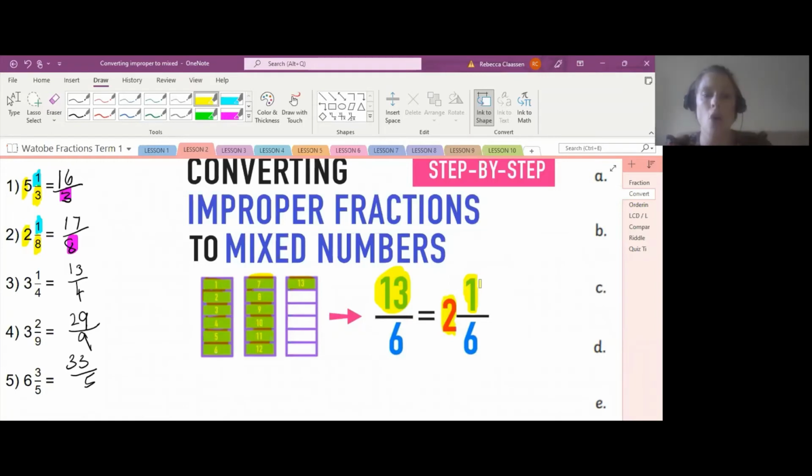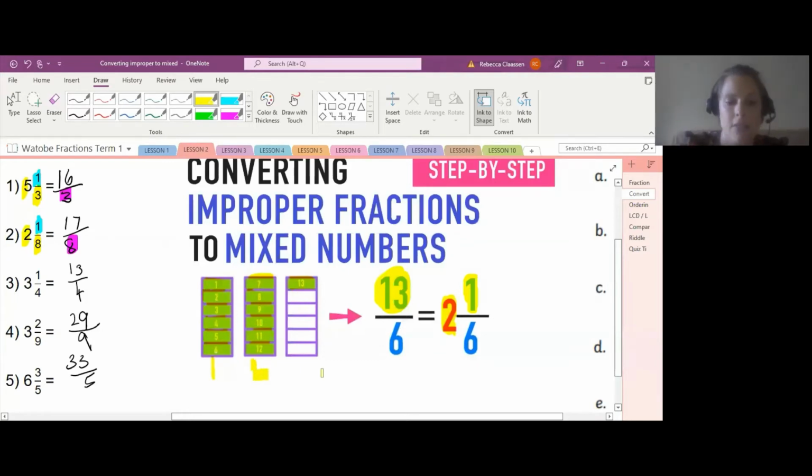So I've got 2 whole cakes. If we look here, there's 1 cake, there's my second cake, and then I've got 1/6 of a cake over here. Okay. So before I ask if you understand, I am going to ask you to do a couple for me to try them out.